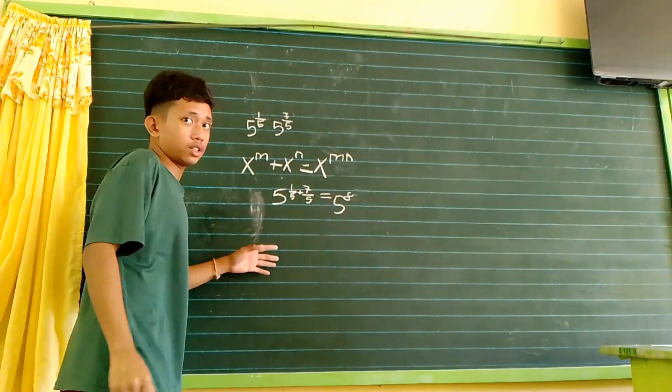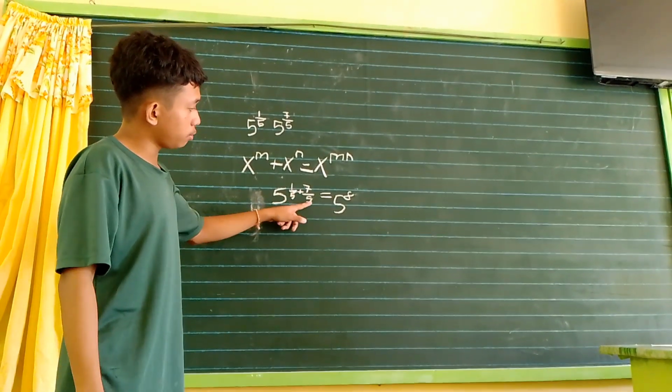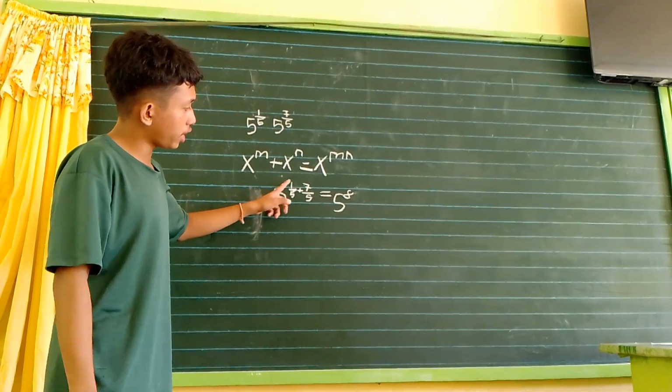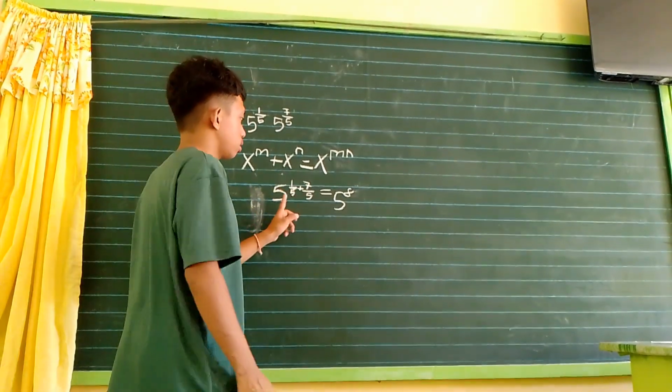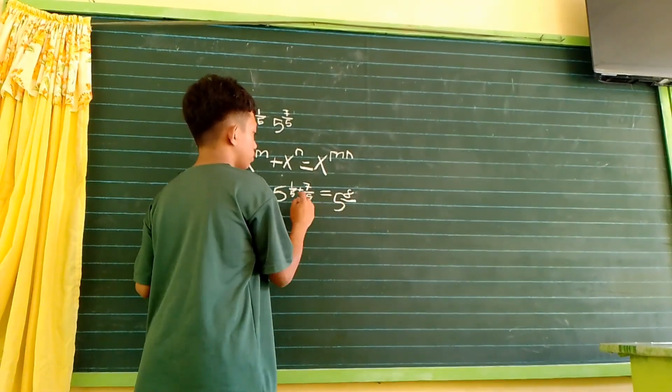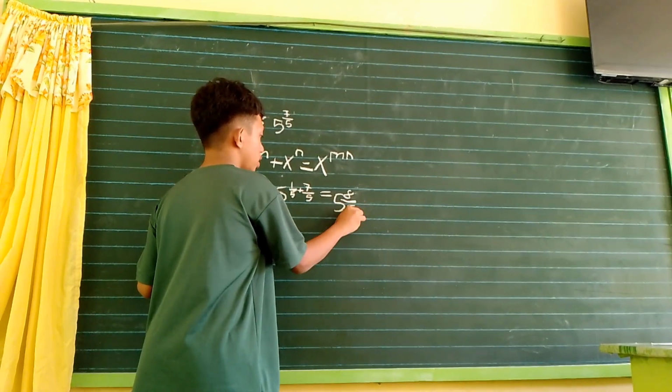The rule in fractions is, if they have the same denominator, we add the numerators. So copy the 5 since it's the same.